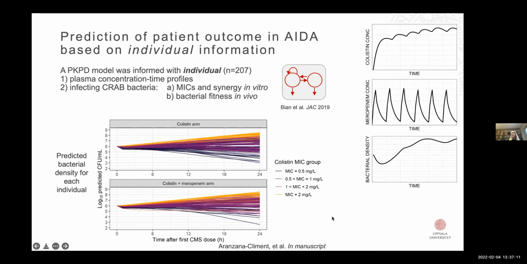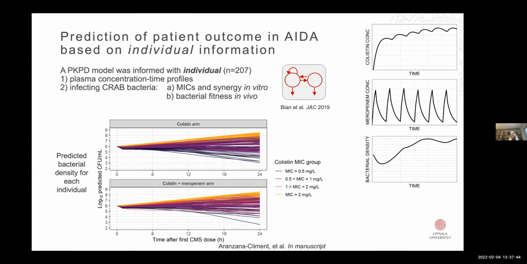So I'll also mention very briefly another project which is not related to Victor's work, but it's connected to the AIDA study, because what is unique there is that we have a lot of individual information. So we have, as I mentioned earlier, the plasma concentration time profiles from each patient, but also we have information about the infecting bacteria.